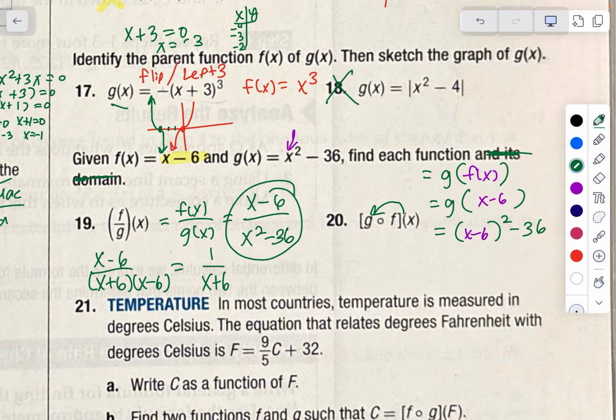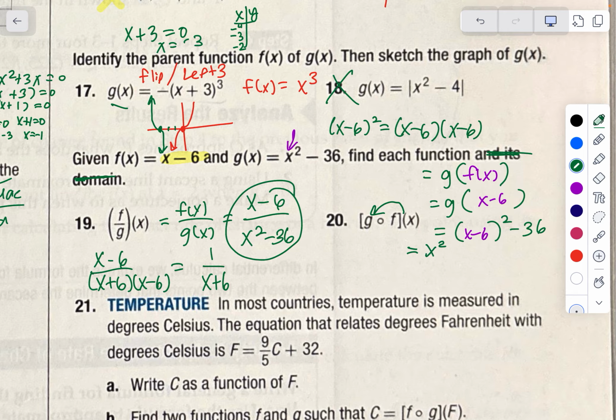X minus 6 squared, a lot of students mess this up. Remember, x minus 6 squared is x minus 6 times x minus 6. You do have to FOIL it out. So it's very common to mess that up. If you were to FOIL that out, there's 4 terms you get.